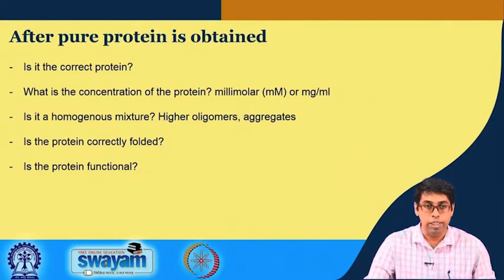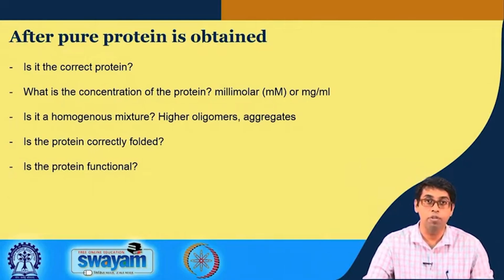So, what you might end up with is a mixture of correctly folded and unfolded proteins, and remember that unfolded proteins will also be soluble. They do not always tend to precipitate, and if you have done your purification through affinity chromatography, then the affinity tag will be present in both folded and unfolded protein, so that both will be purified, and you might end up with a mixture of folded and unfolded protein.